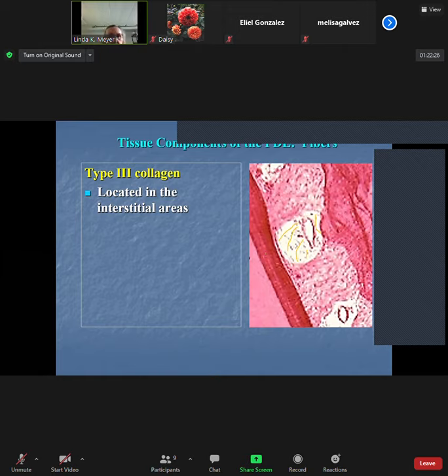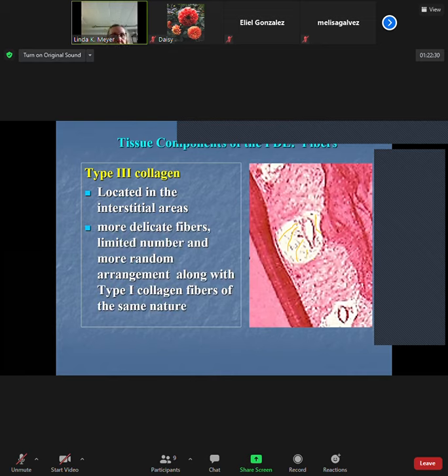And remember, those types of loose connective tissue are more delicate, and they're more random in their orientation. And we're always going to see them encasing blood vessel areas.